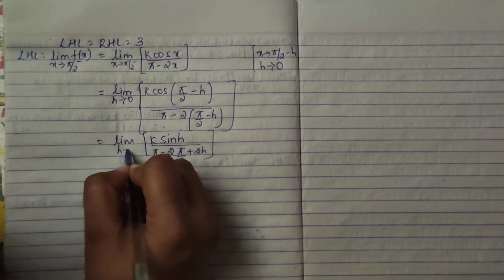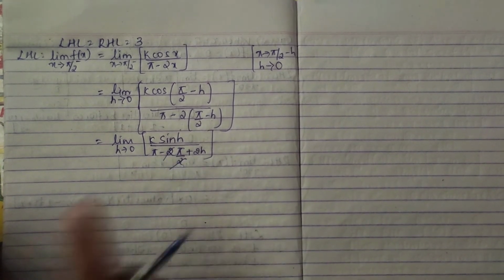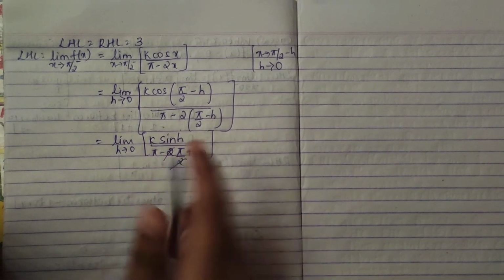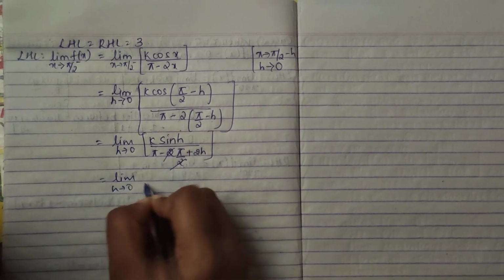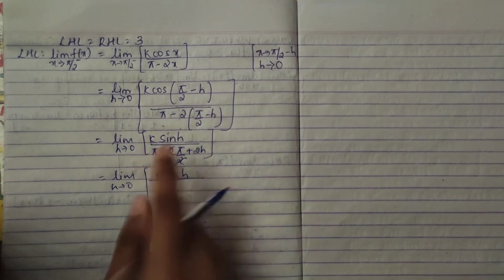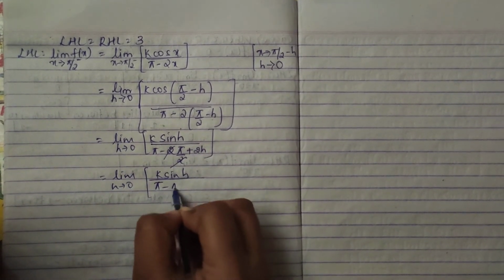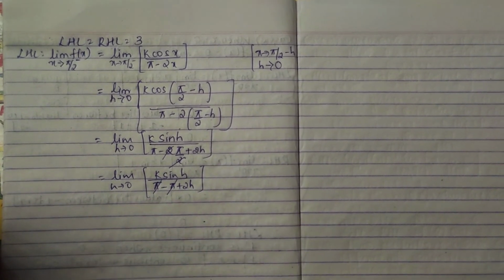As h tends to 0, the 2 cancels, and plus pi and minus pi cancel, so you are left with k sin h whole divided by 2h.